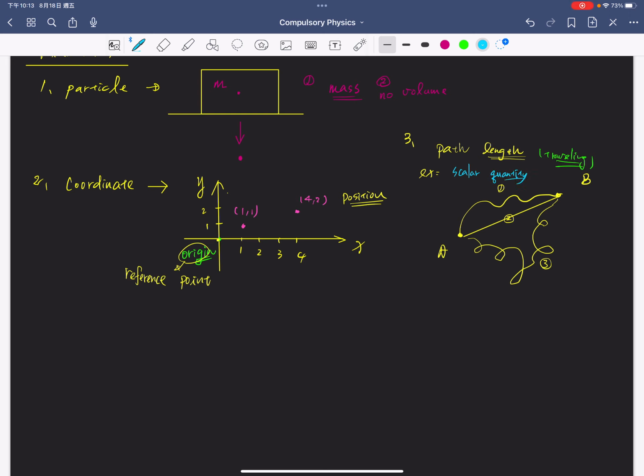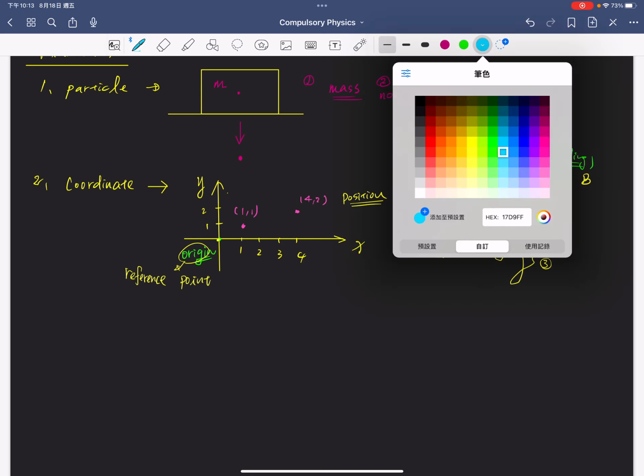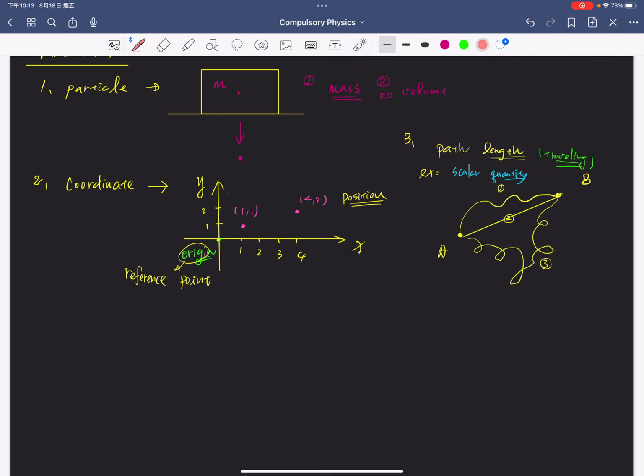So no direction, only the quantity, or we call it the magnitude.